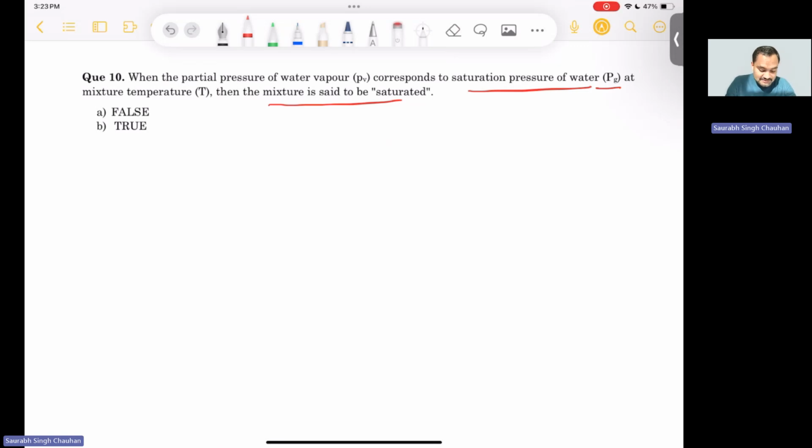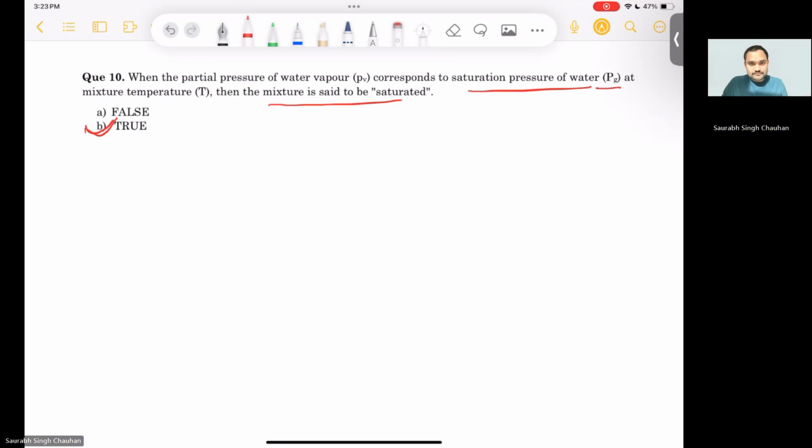So it is saying that when the partial pressure of water vapor corresponds to saturation pressure of water at the mixture temperature, then mixture is said to be saturated. So it is true, right? It is just a definition of saturated mixture. So saturated mixture is something in which the partial pressure of water vapor is equal to its saturation pressure at the given temperature. Given temperature means the mixture temperature.